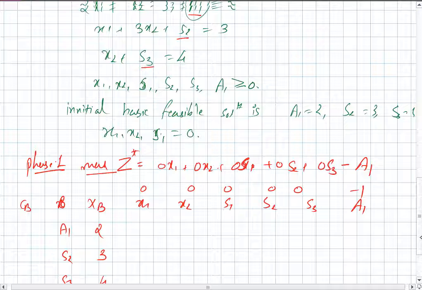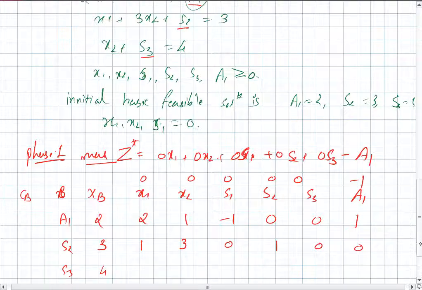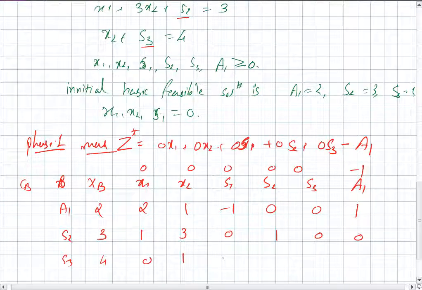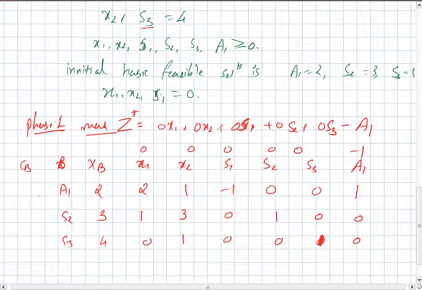Now write down the coefficients from the constraints: 2, 1, -1, 0, 0, 1. And here it is 1, 3, 0, 1, 0, 0. And here it is 0, 1, 0, 0, 0. Sorry, here it will be 1 and here it will be 0. Now here the coefficients are -1, 0 and 0.